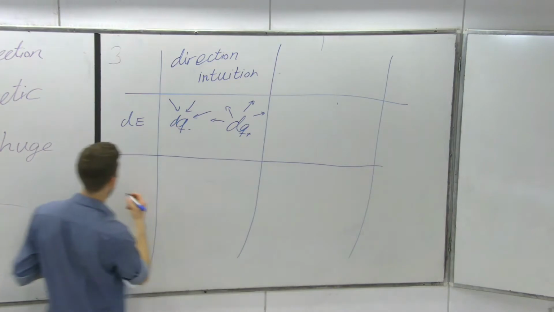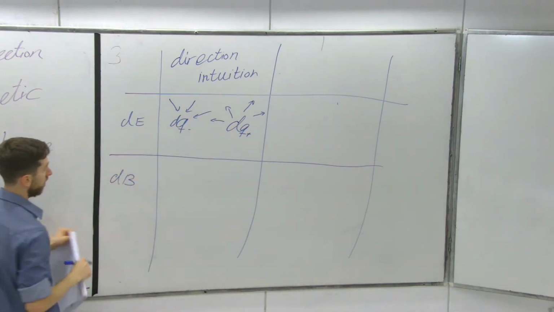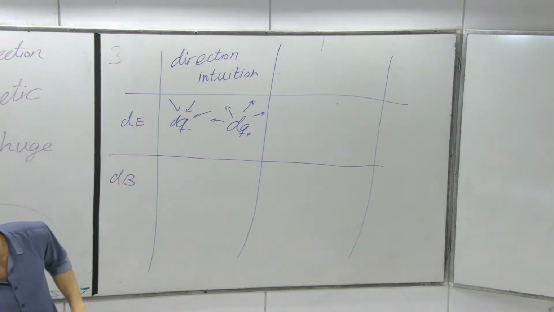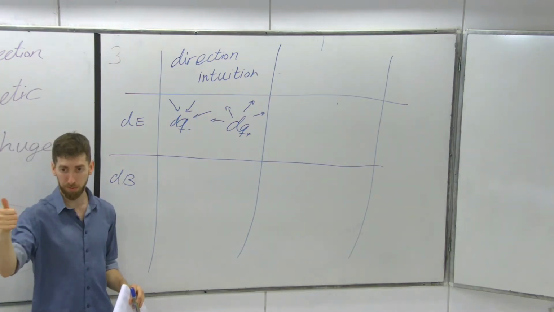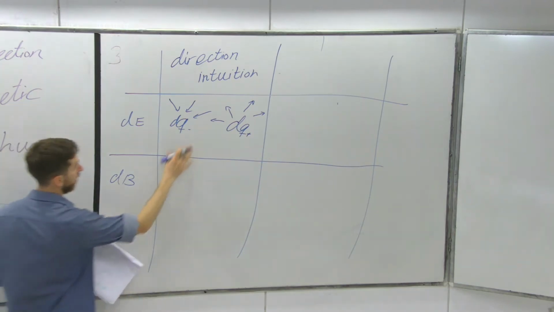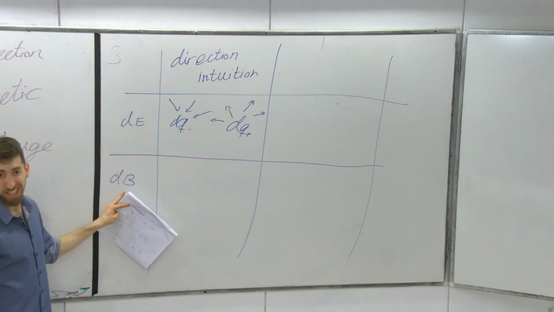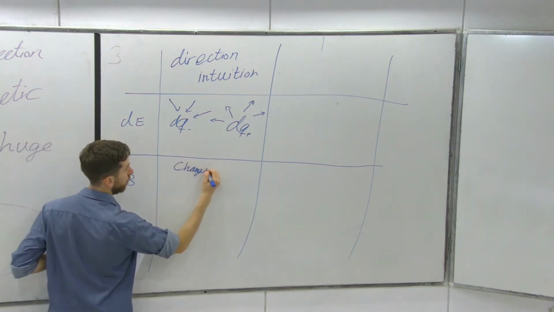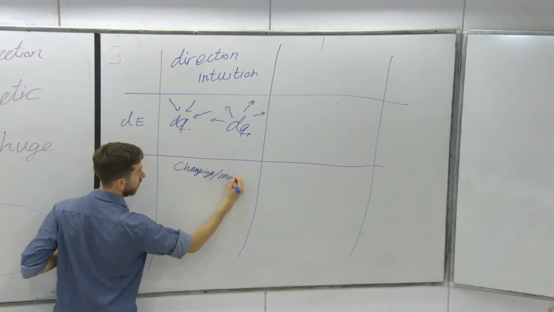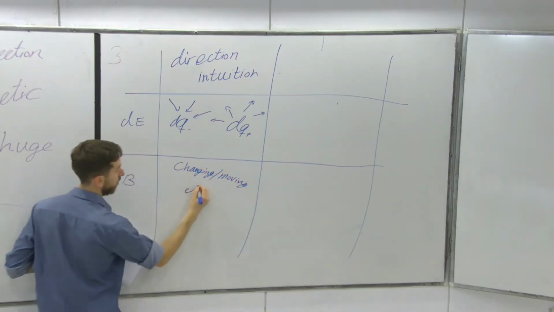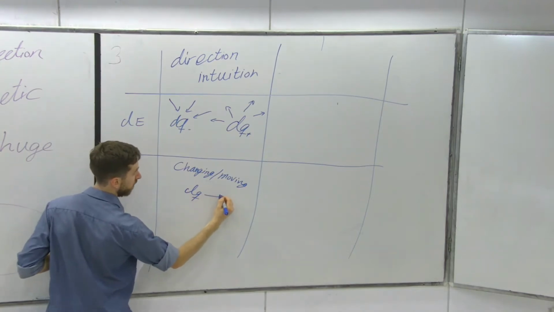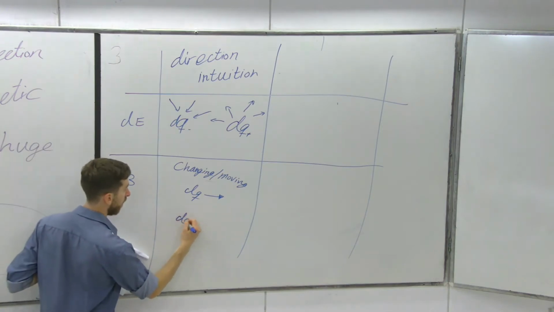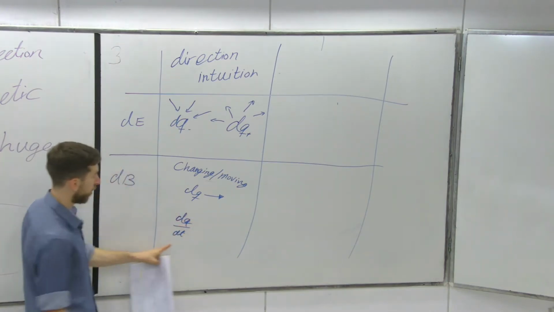And what do we have in magnetism? If I want to find the direction of the magnetic field, we actually had the tangent rule, remember? What actually makes a magnetic field is a changing charge, not just a charge, a changing or moving charge, right? So this Q, if it is moving, I'm going to have some magnetic field, okay? And in general, how can I write a changing charge?